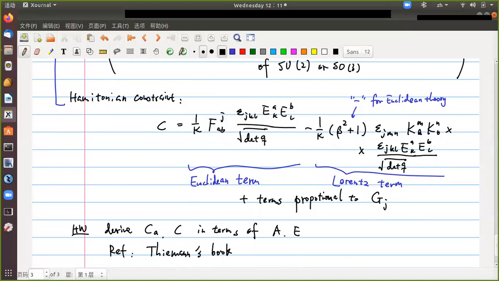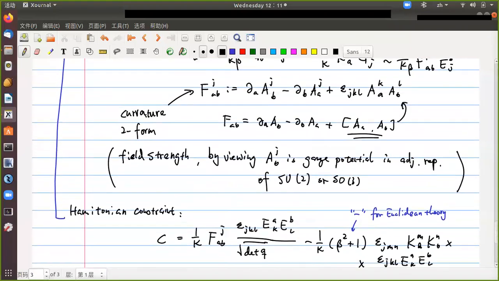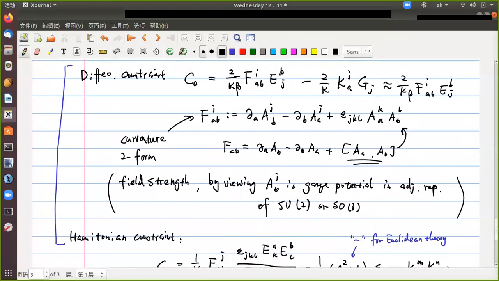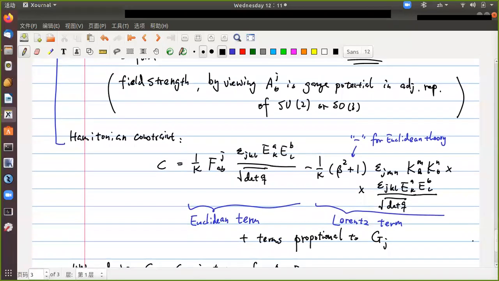Usually the formulas for the Hamiltonian constraint and diffeomorphism constraint ignore the terms proportional to the Gauss constraint, because you have a bunch of terms in terms of the Gauss constraint. In formulas we just ignore them because we have the Gauss constraint already. It doesn't mean that it's not there. We just don't write it because the Gauss constraint equals 0 anyway.